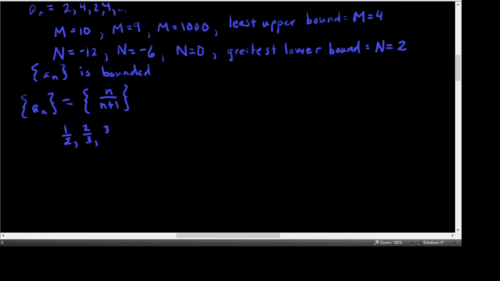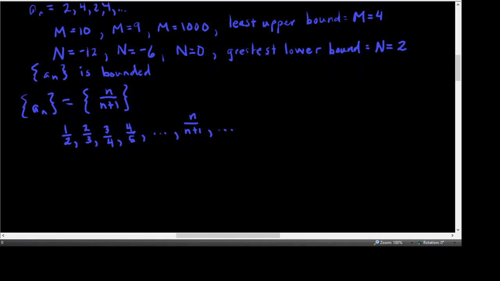Putting in 3, we'll get 3/4. Putting in 4, we get 4/5. Etc. Then the general term or nth term is n over n plus 1, and so on. So that's the full sequence using all positive integer values of n.